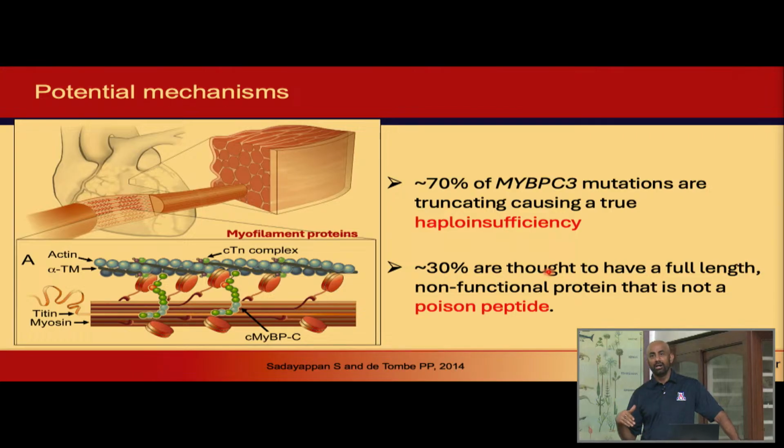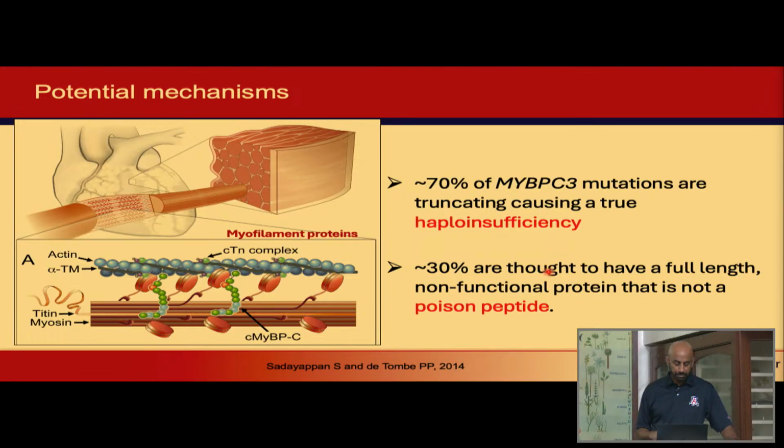The second one is the poison polypeptide. I will talk about some of our experiments on that one. You can express the mutant protein, and the mutant protein can randomly bind in the sarcomere and then cause contractile dysfunction.